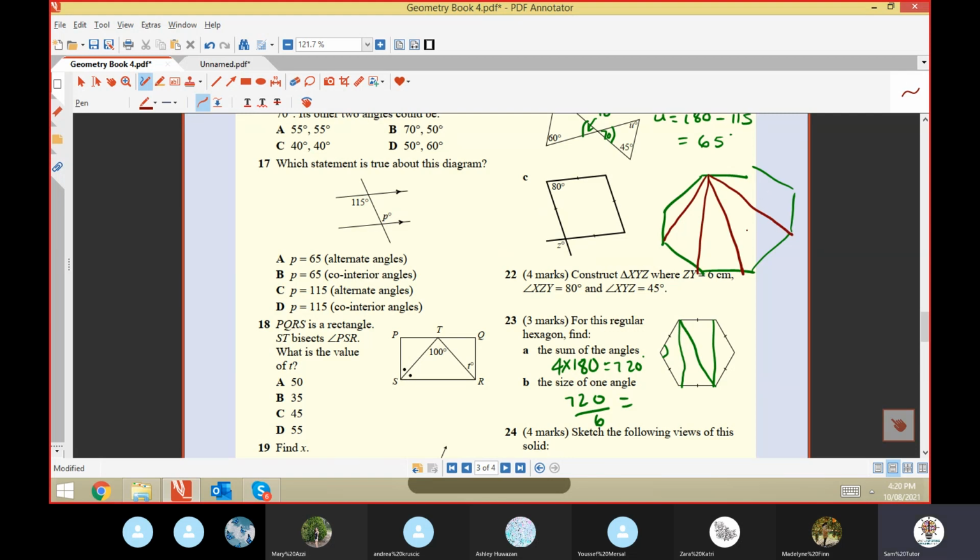And that would be 1, 2, 3, 4, 5. No, I've missed one. There it is. 6. So you can make, really horrible octagon, but you can make 6 triangles, which means the angle sum of an octagon is actually 6 times 180 degrees, because each triangle is 180.